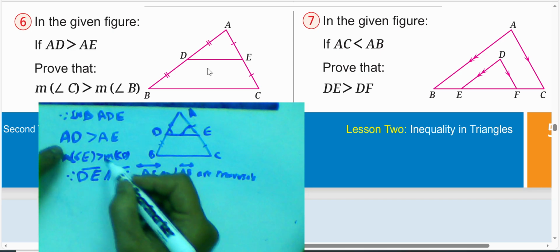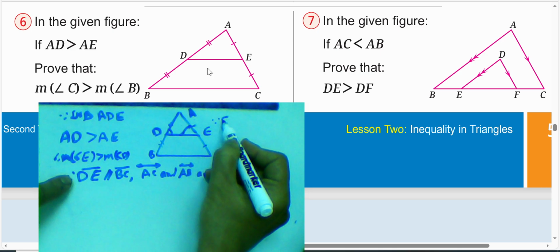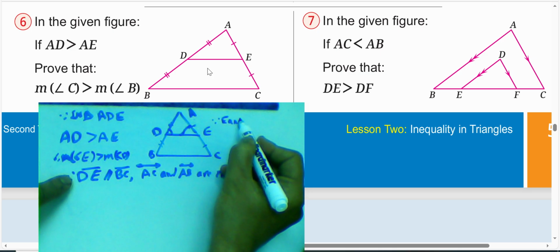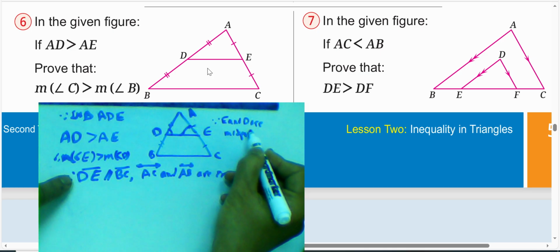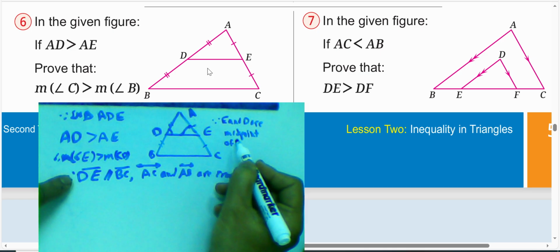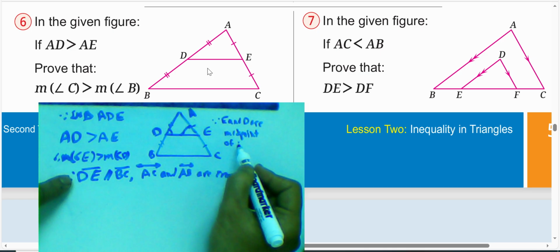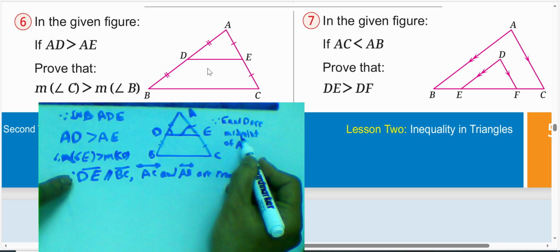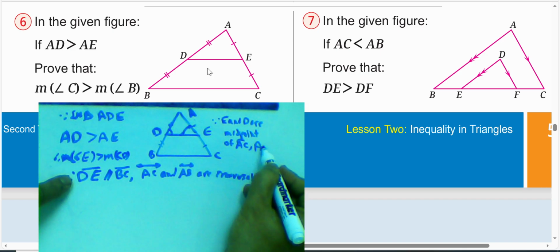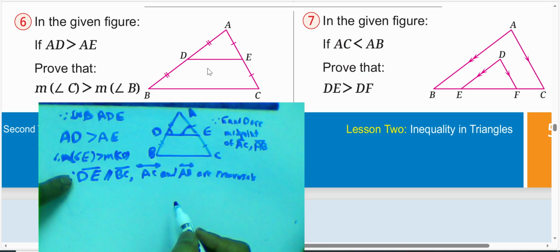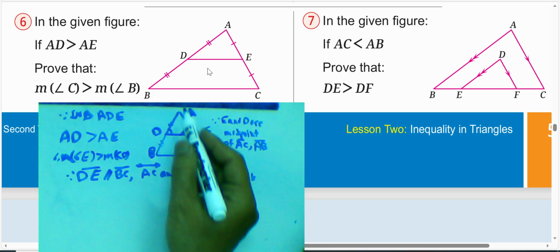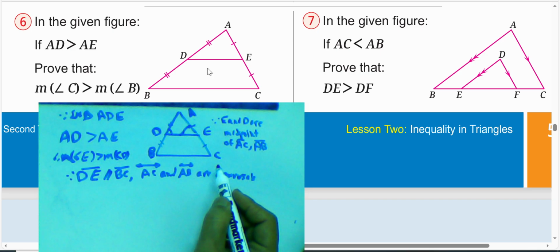Okay, before these steps you can write such that E and D are midpoints of, we have E, the midpoint of EC and AB. They are the midpoints about EB and AC, and we have two transversals here.